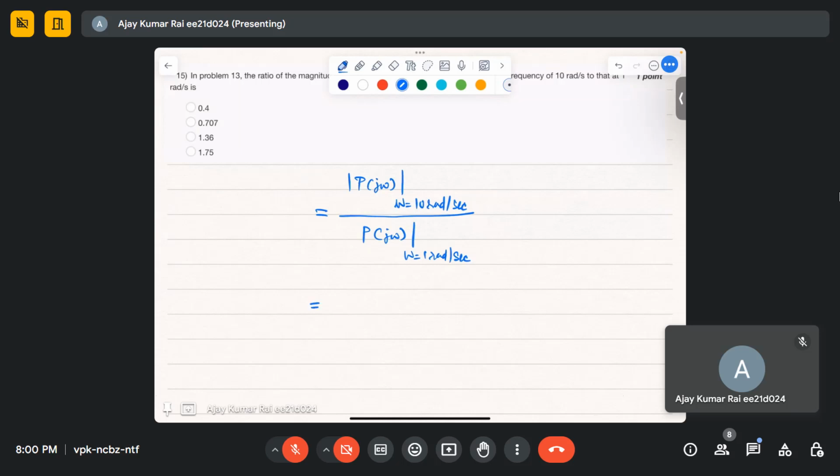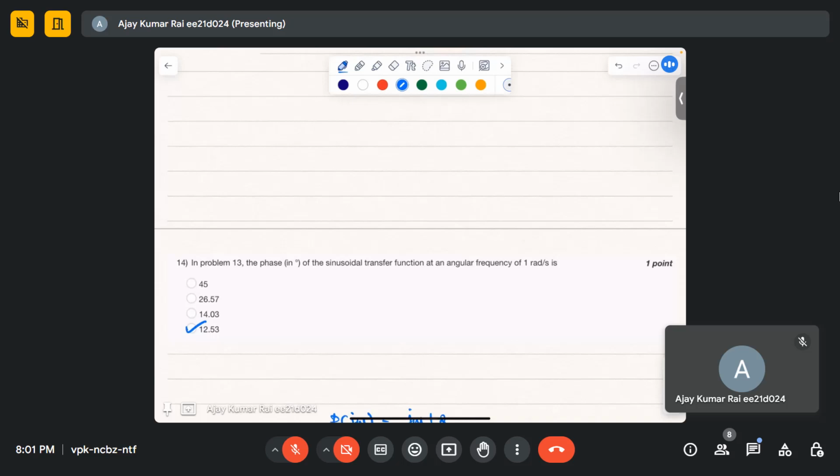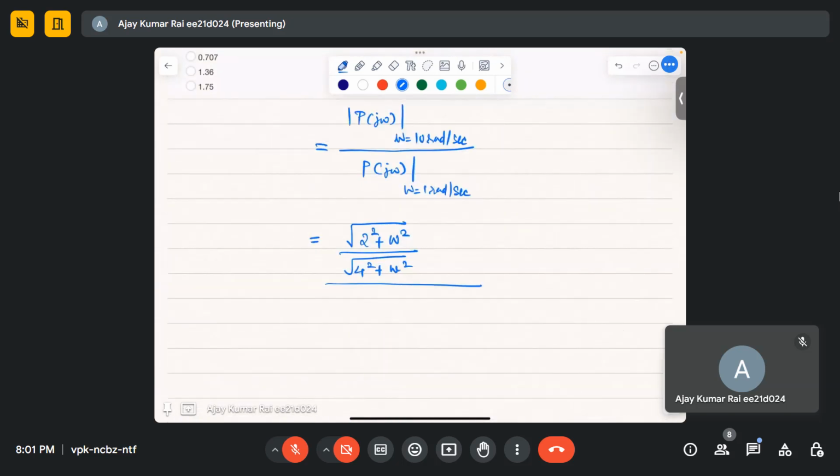So what was that? This was 2 square plus omega square, and 4 square plus omega square, and we have already calculated it. This was 0.54. So I'm not calculating it again.